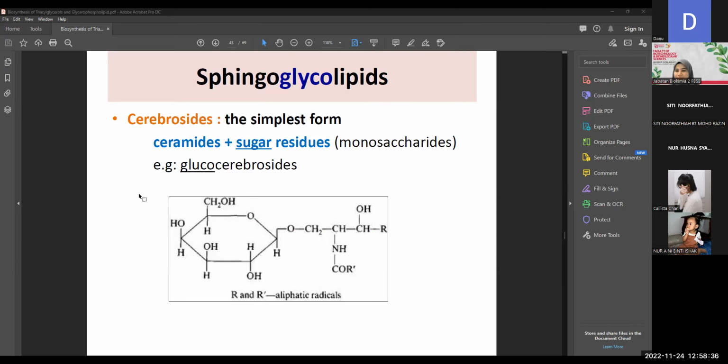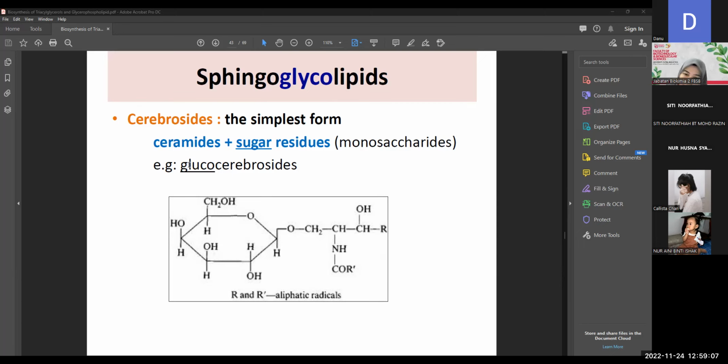So what are cerebrosides? This is the simplest form of sphingoglycolipids. When ceramide has sugar residues attached to it, which are monosaccharides, it forms a cerebroside, for example glucocerebroside.